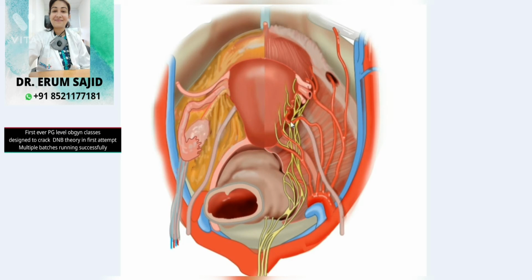So let's start with the abdominal aorta. We know that the internal iliac artery is a branch of the abdominal aorta. So let's focus on the abdominal aorta. Around L4, it divides into two branches, the common iliac arteries. So this over here and this over here, you can see the right and the left common iliac artery, such a broad vessel.